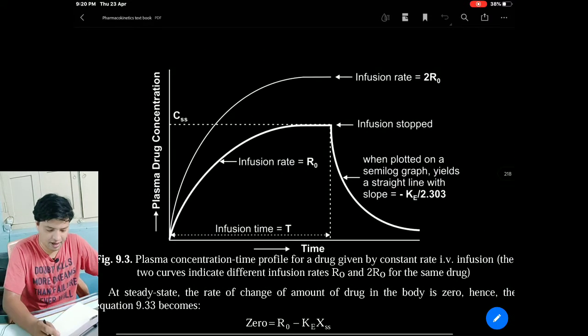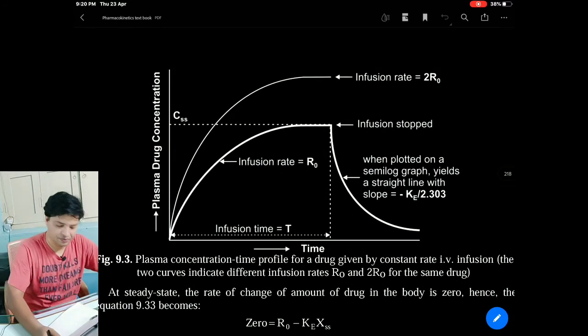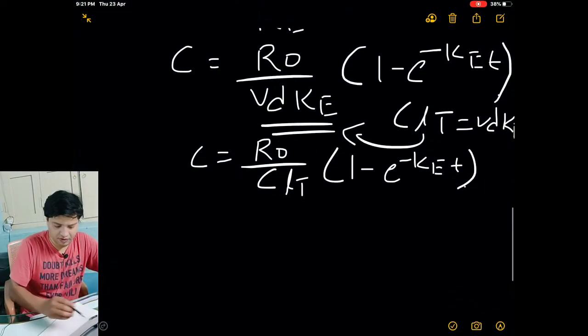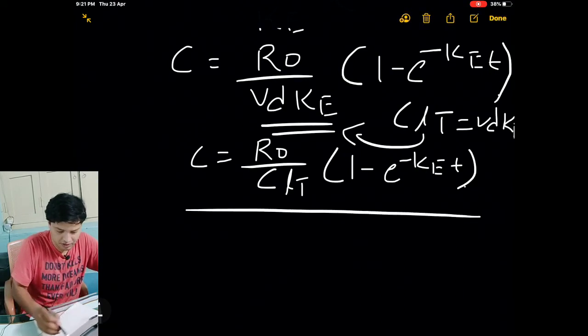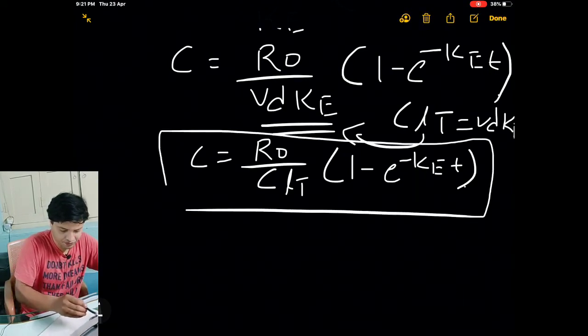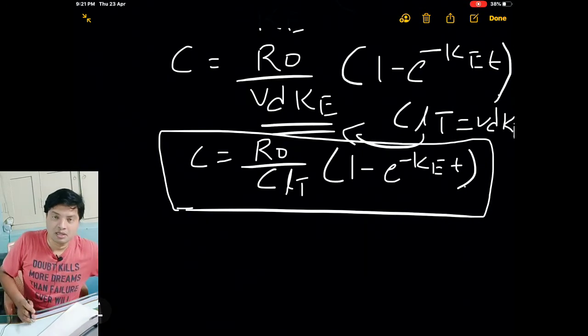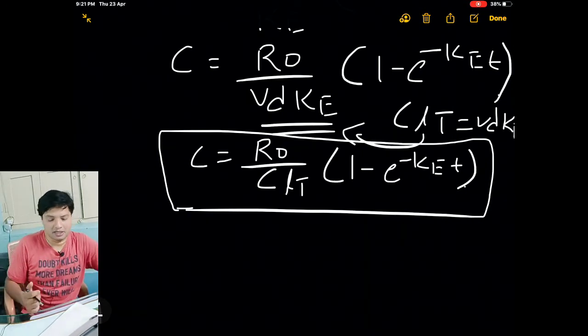So this is the graph. We derived this equation, so remember this equation. We are again going to use this equation to determine the KE value from the steady state concentration. So we need this equation. Remember this.